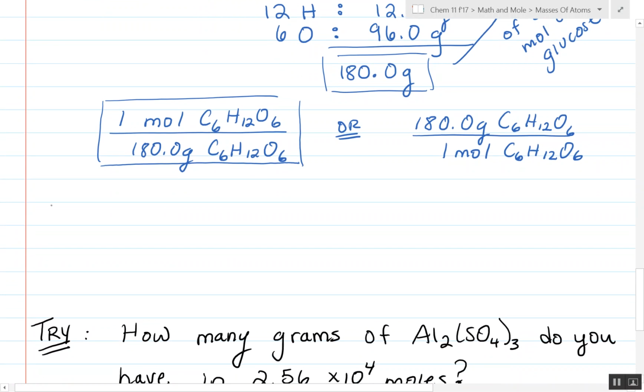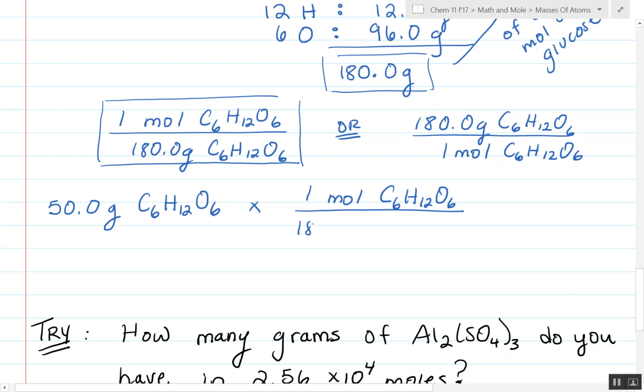So if we have 50.0 grams of our glucose, we need to convert that into moles. So we'll use our unitary rate of 1 mole of glucose per 180 grams. And yes, you need to write out glucose each time.